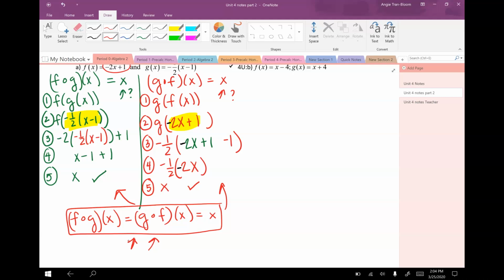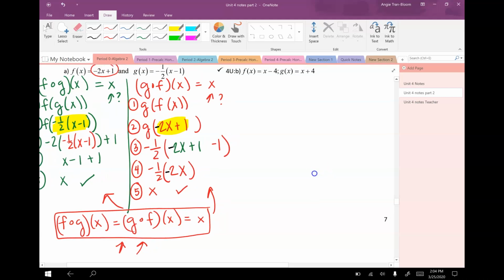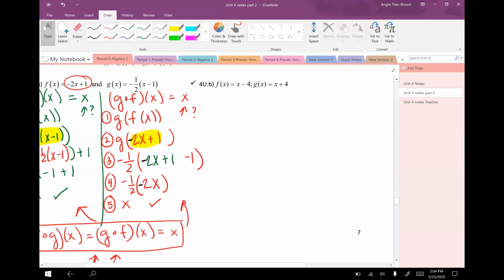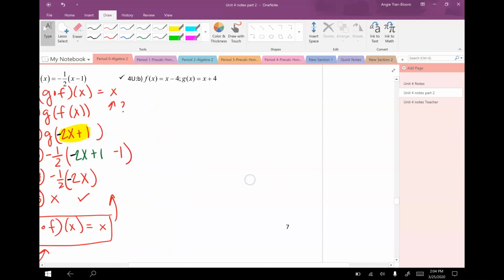Our last thing is check for understanding. This is again when you do this on your own. So go ahead and pause the video, give yourself a few minutes to see if you can prove it. What you might want to do is draw a line, and on this side you can do f of g of x equals x, and on this side you can do g of f of x equals x, okay?